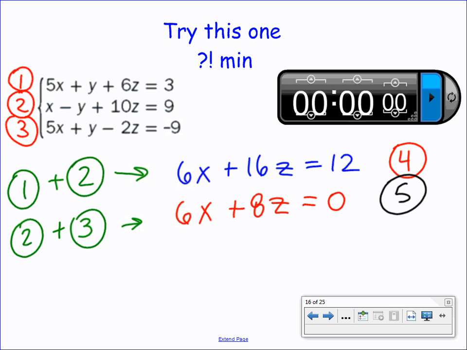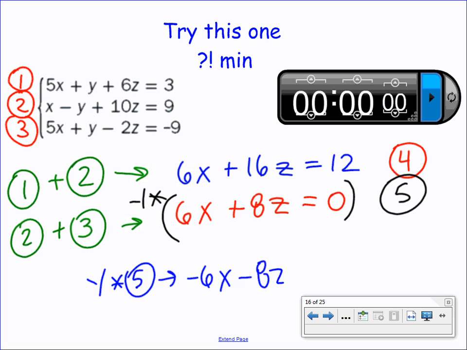If we multiply this bottom one through by a negative 1, wouldn't I get negative 6x minus 8z equals 0?